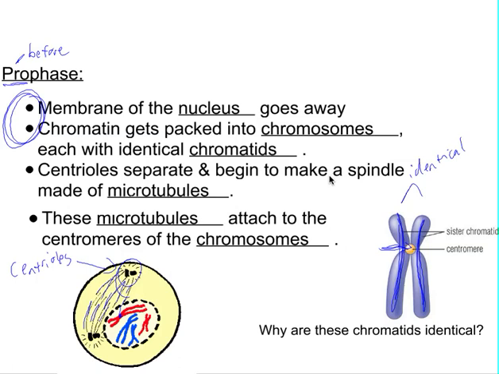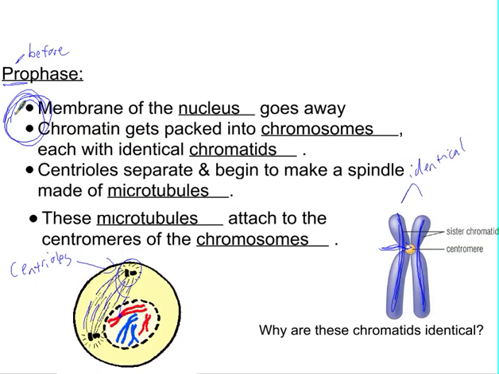Again, the main two points are that the nuclear membrane goes away and the chromatin gets packed into chromosomes. Why do you think the chromatids are identical?